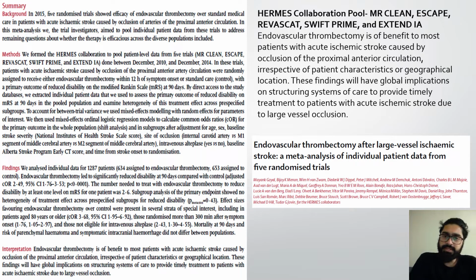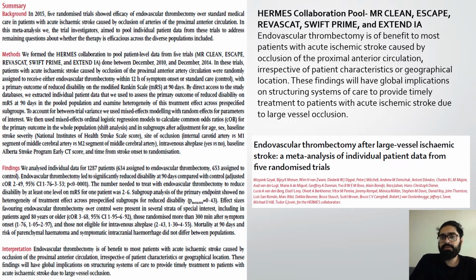So this was observed in Hermes collaboration pool analysis of these bigger trials: MR CLEAN, ESCAPE, REVASCAT, SWIFT PRIME, and EXTEND-IA.